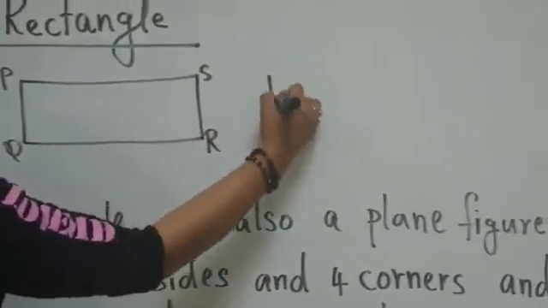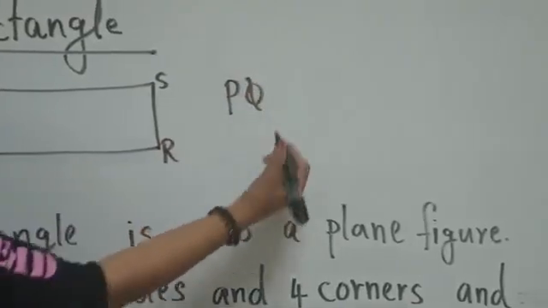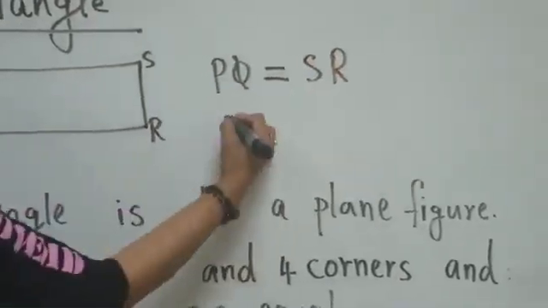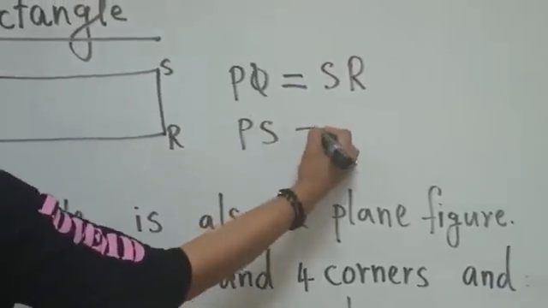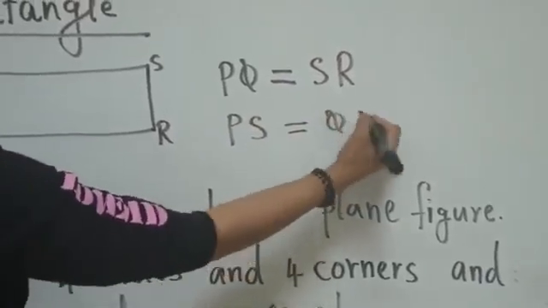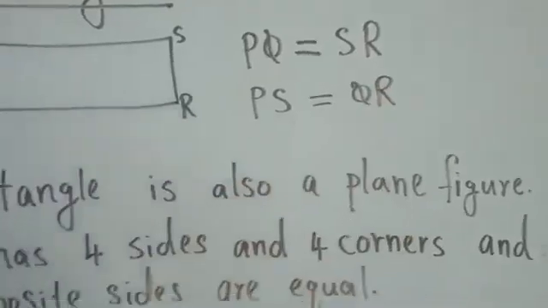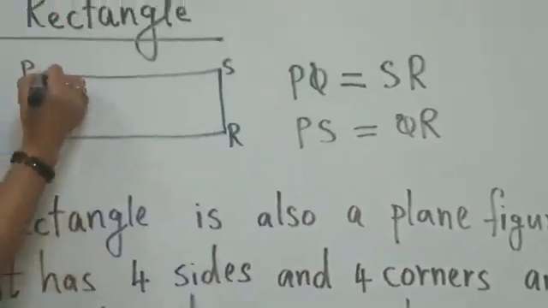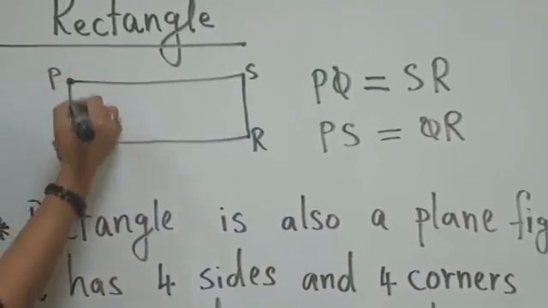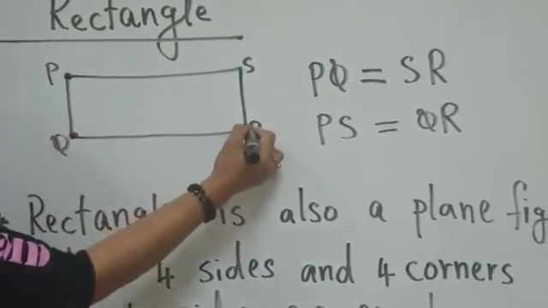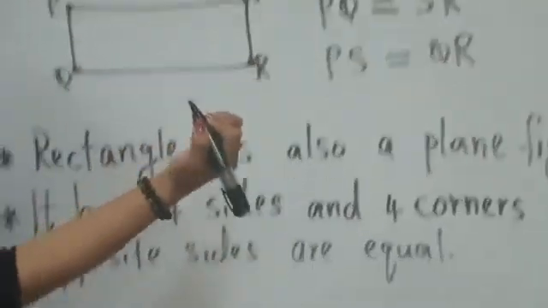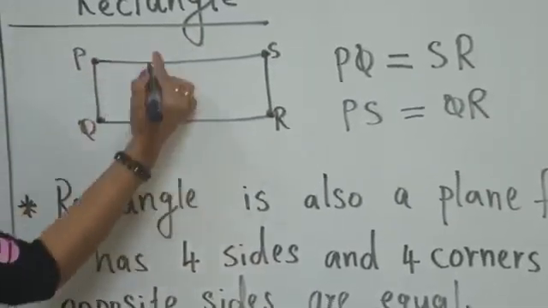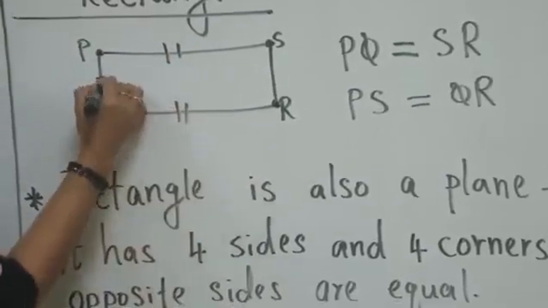That means PQ is equal to SR and PS is equal to QR. And for the rectangle also 4 corners are there, and I will mark the vertices here like this: P, Q, R, S.